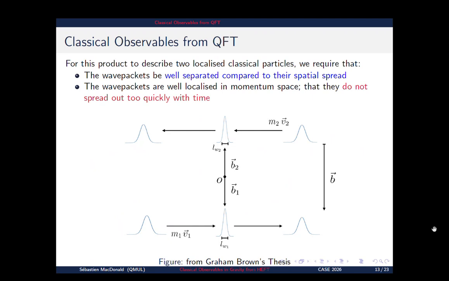I want to describe classical localized particles, sort of some classical objects in the sky. To do this, we require just 2 things. One of them is that the wave packets themselves need to be well separated compared to their own spread, so that they can't spread too quickly in time.